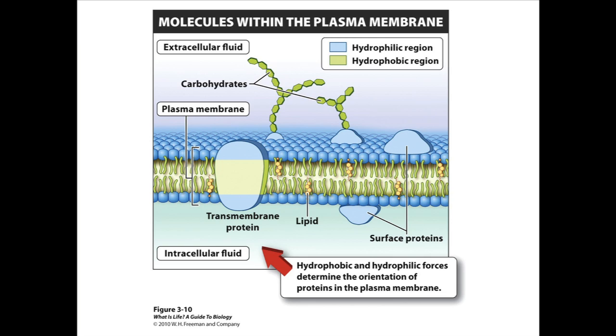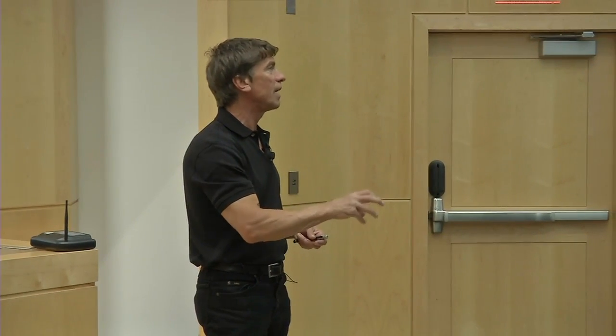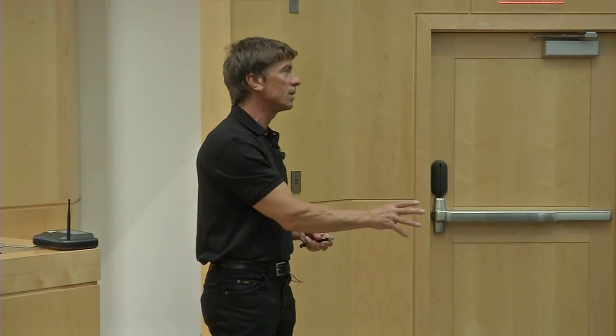So as these carbohydrates are decorating these proteins, these form the ability for cells to communicate with each other. They form recognition signals to which viruses can attack and invade cells. But membranes themselves are very complicated structures.